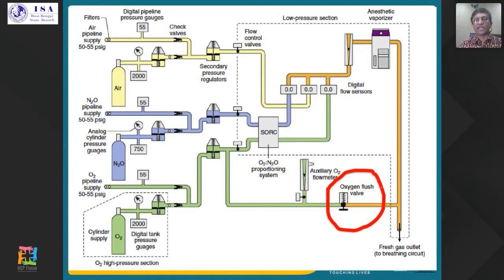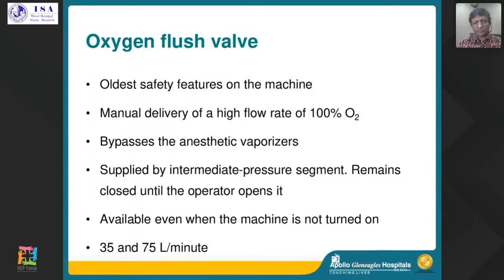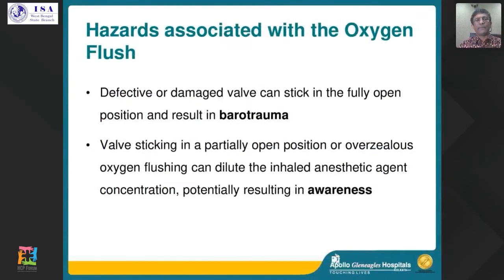From the intermediate pressure, it bypasses the vaporizers, flow meters, and the flow knobs. It remains closed until the operator opens it, is available even when the machine is not turned on, and it can give flows as high as up to 75 liters per minute.